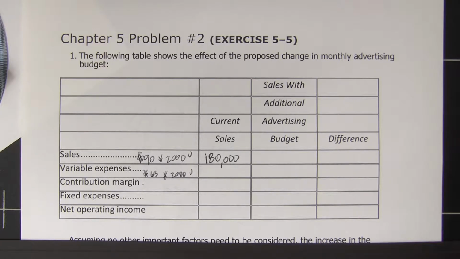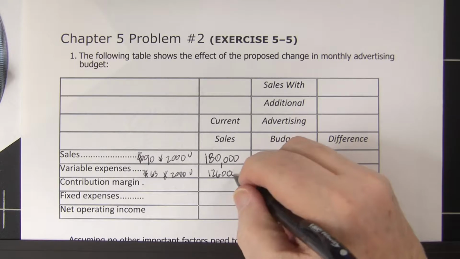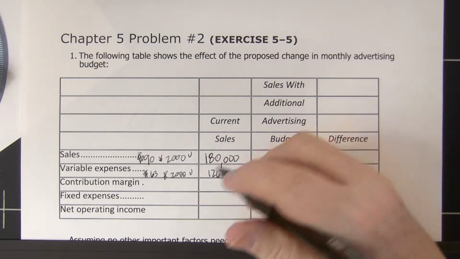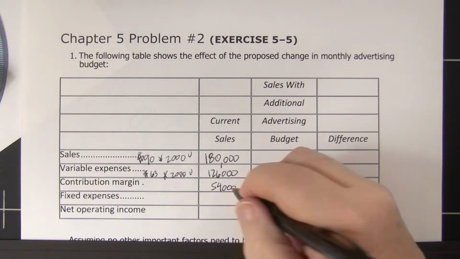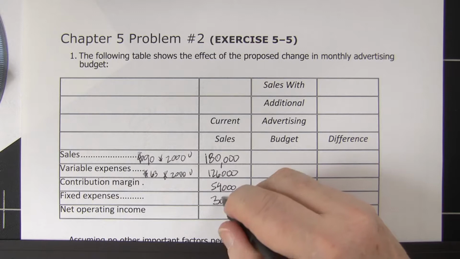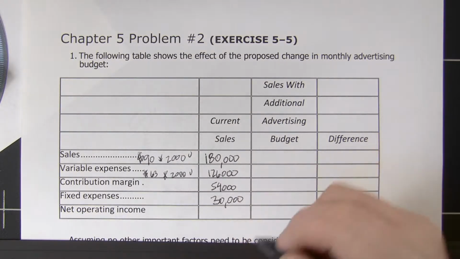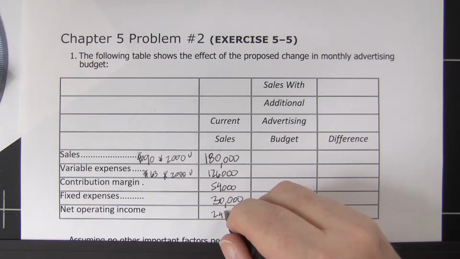So that's $126,000. We'll do the subtraction. That's $54,000. Our fixed expenses are given to us at $30,000. So our net operating income is $24,000.